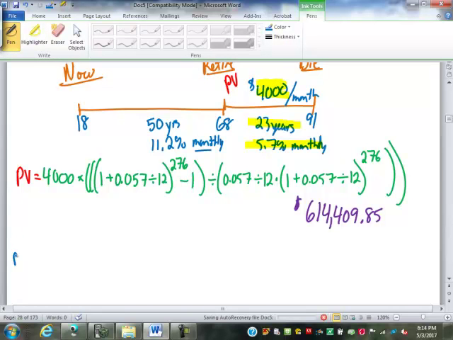So we're making the payment, monthly payment. So it'll be the 614,409.85. Then what?